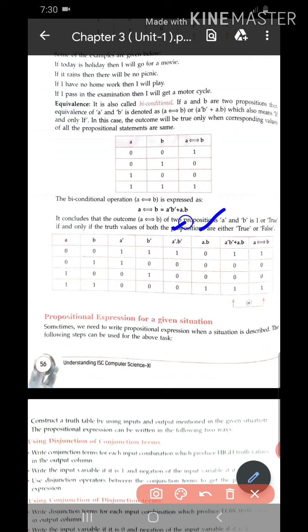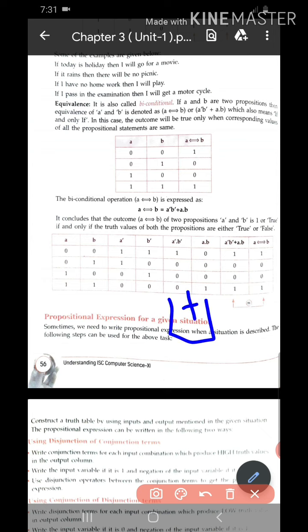Means now we are having AB also and A dash B dash also. Now in between we have to place plus. Means now we have to join them together as a connective, and then it is a compound proposition. Then see, by providing plus in between both of them at the junction, see what happened.